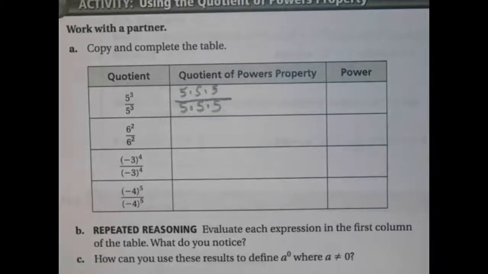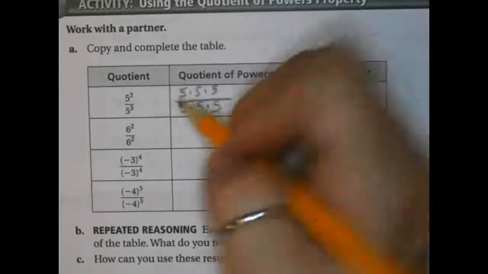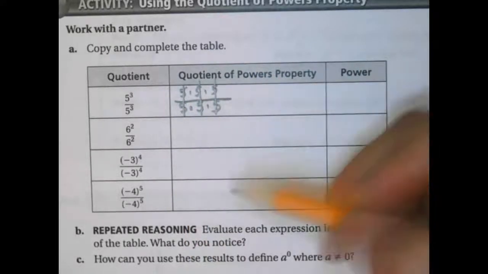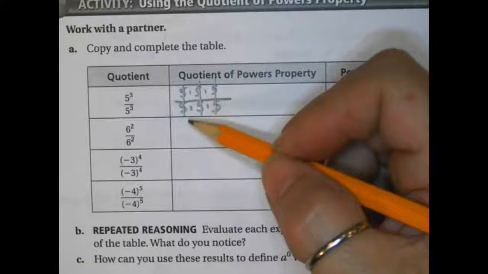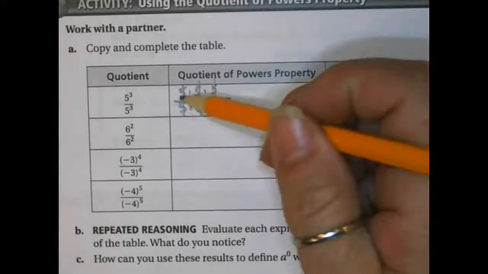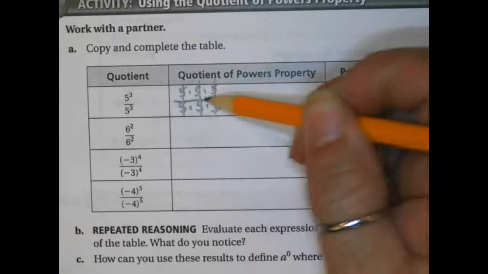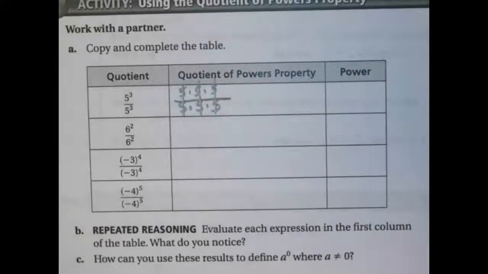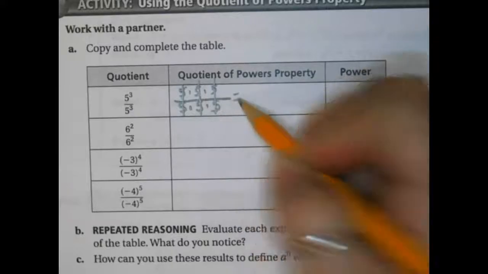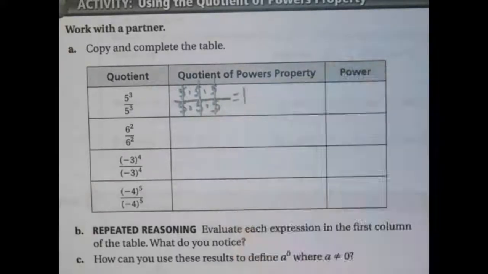So when we did this, we crossed this out and we crossed this out. Now the reason why I put that whole line there is because 5 divided by 5 is actually what? It's 1, right? So this is telling me 1 times 1 times 1. Correct? So what is 1 times 1 times 1? It equals 1.